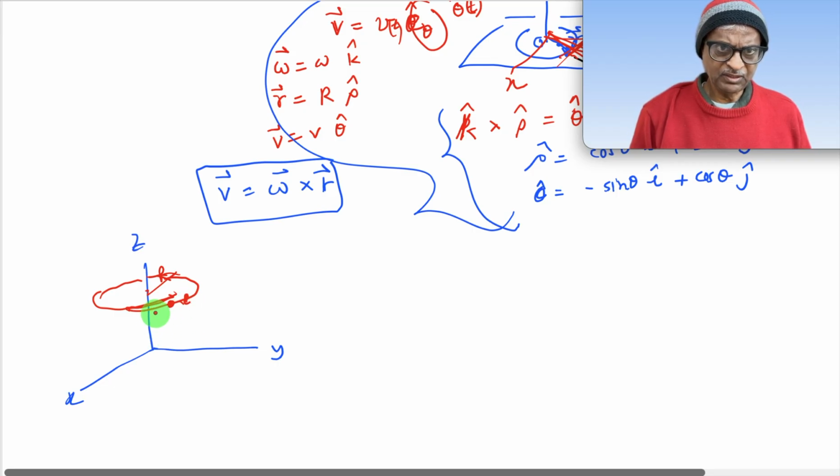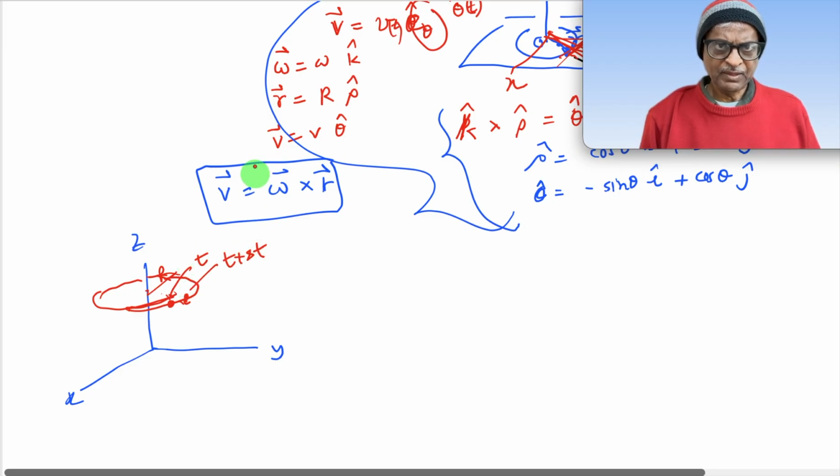So this is t, and at that point it's t plus delta t. From here to here is r of t, and from here to here the distance is capital R, and this is some fixed point, let's call it a, z equals a point.